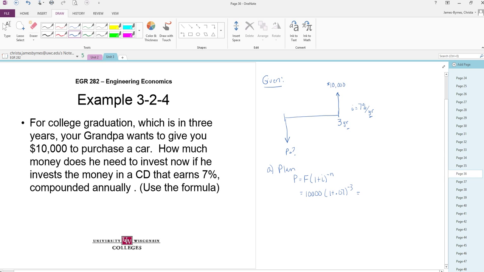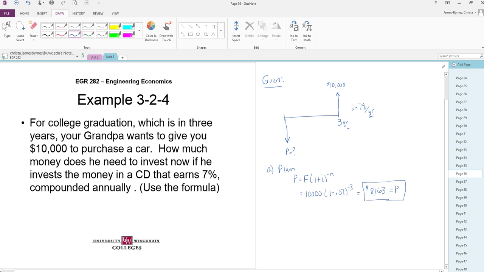I do my math and I get $8,163. Grandpa needs to invest $8,163 in a CD that pays 7%. Well, good luck, Grandpa. But who knows? Maybe he'll find one. The stock market average, I think, was 6 something last year.